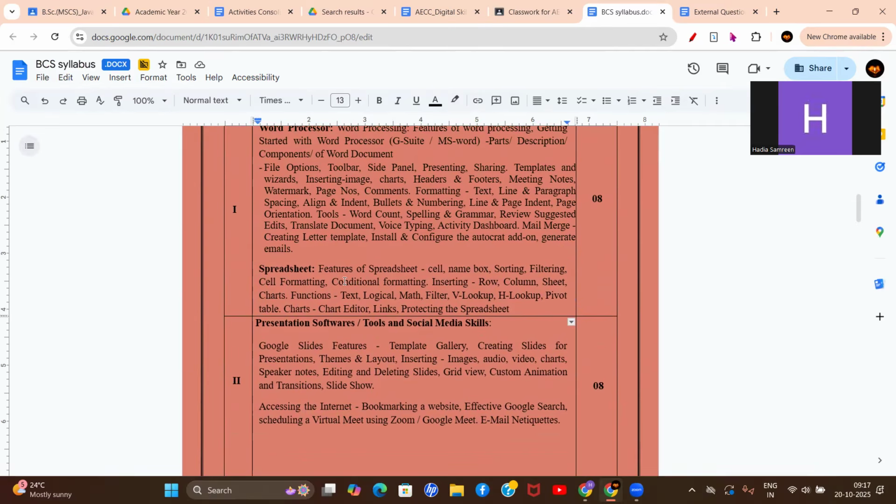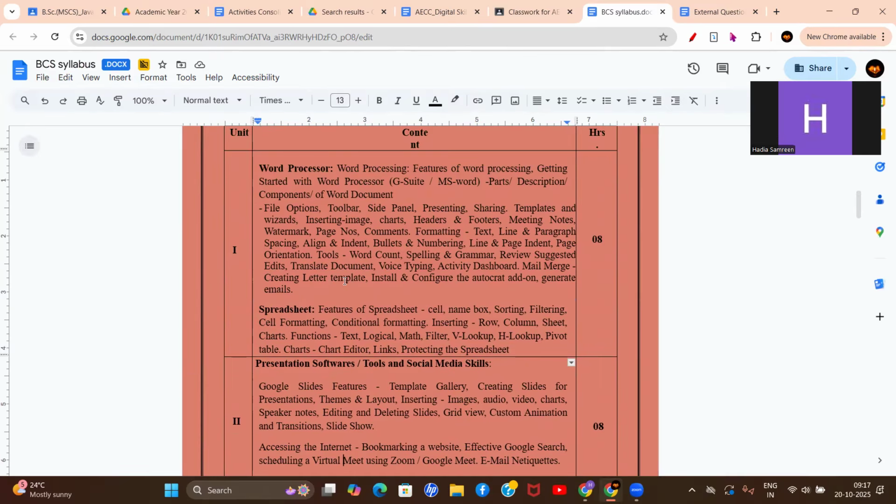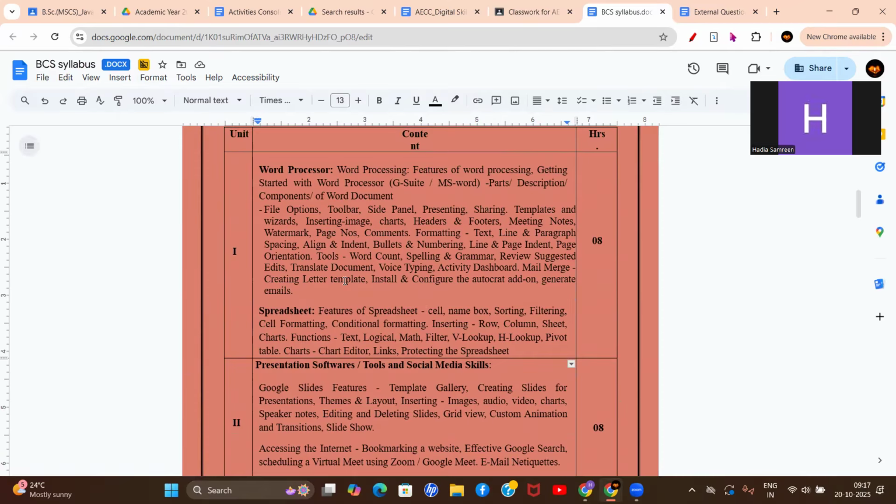Since in section B and section C you have internal choice from unit 1 and unit 2, and we can't predict exactly which question will be asked, I would suggest you go for one part. Suppose this is unit 1.